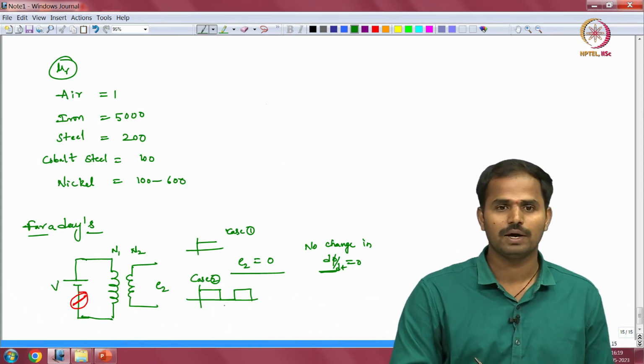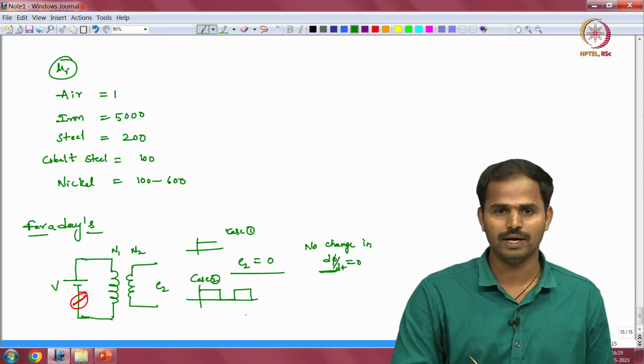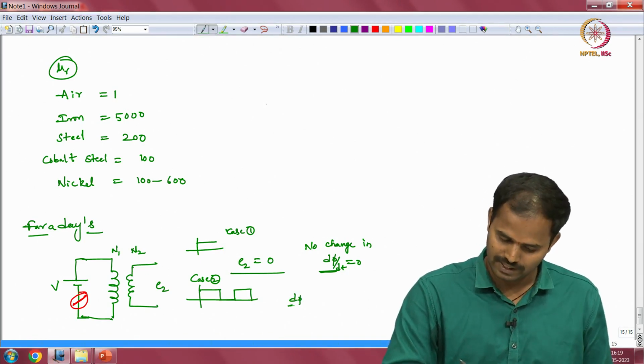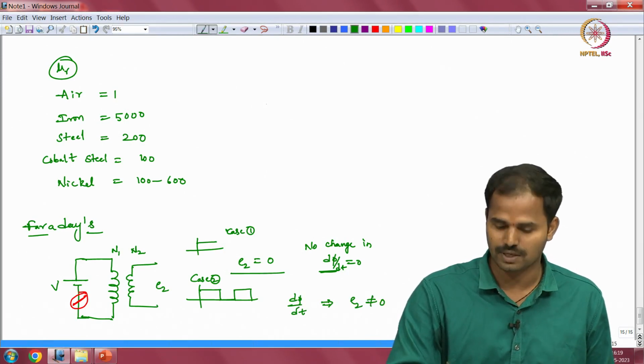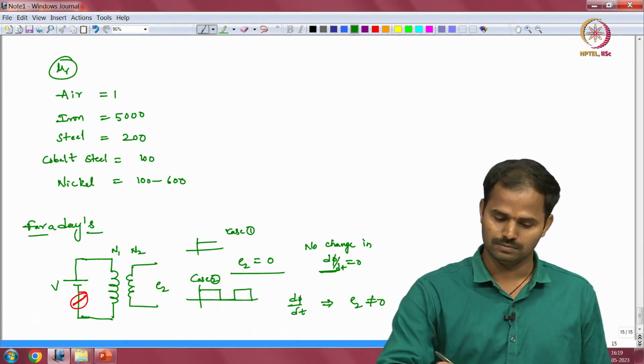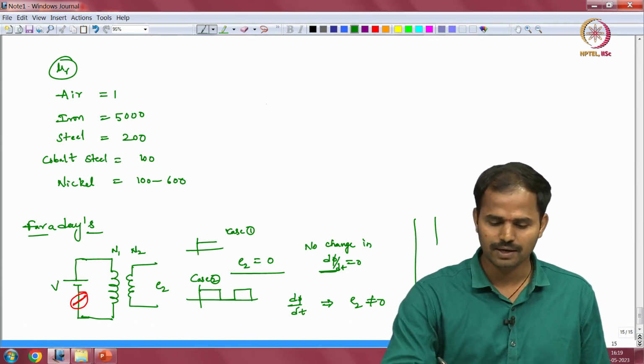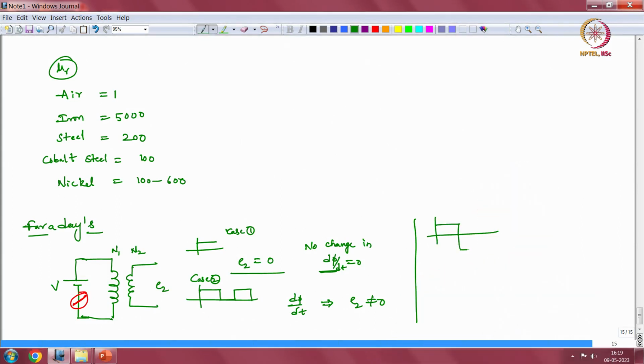In case 2 we are changing the voltage, so automatically we will see the change in flux also, and here we will see the EMF value is not equal to 0. Similarly, third case I am taking a square wave in this manner, case 3. Here also d phi by dt is not equal to 0, which implies induced EMF will be there, not equal to 0.